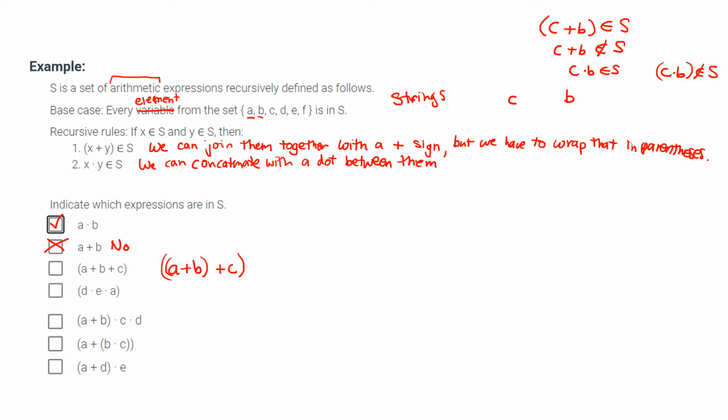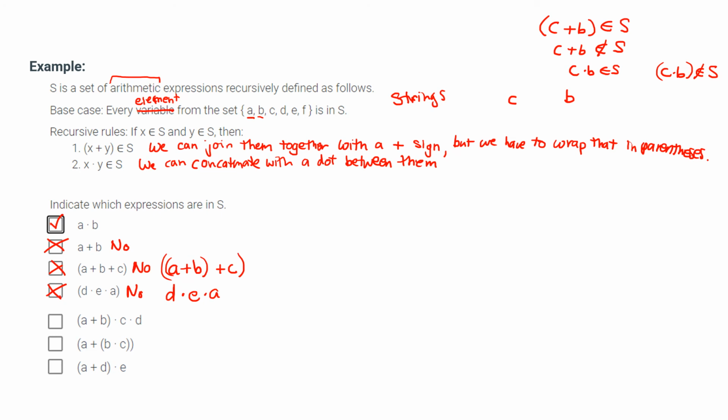So no, I could not get this, because there's no way to get A plus B without parentheses right after the B. So that is a no. D times D dot E dot A. Well, D, E, and A are all in S, and I could join them with dots. But nowhere does it say I can put parentheses in there if I'm using dots. So no, I can't get parentheses from that.